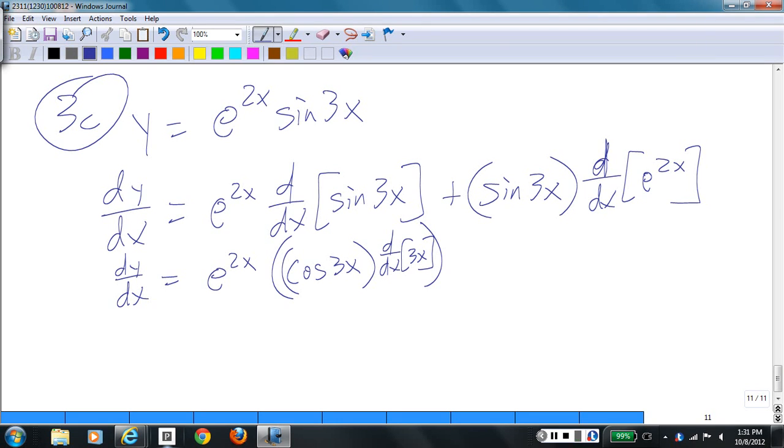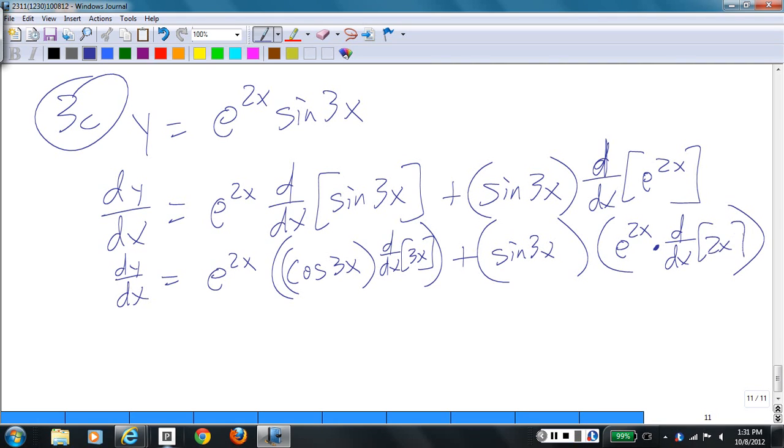That's the way that shakes out. Plus sine 3x, more chain rule. The derivative of e to a power is e to that power times the derivative of that power.